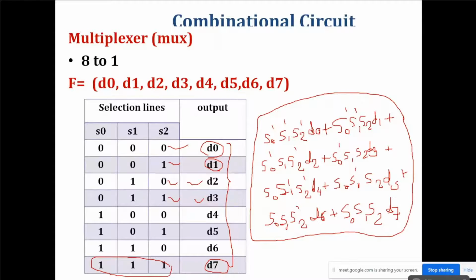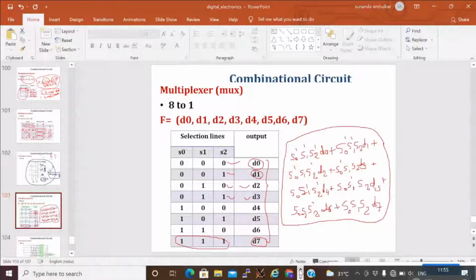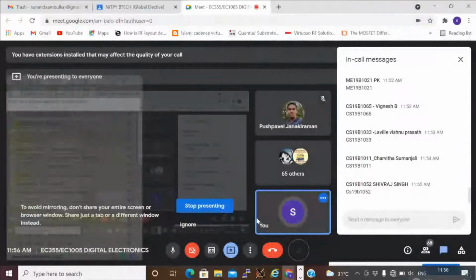Can you implement this with the use of the gates? Yes, it is possible. How many number of and what kind of gates we require here? What kind of gates we need? Same gates.